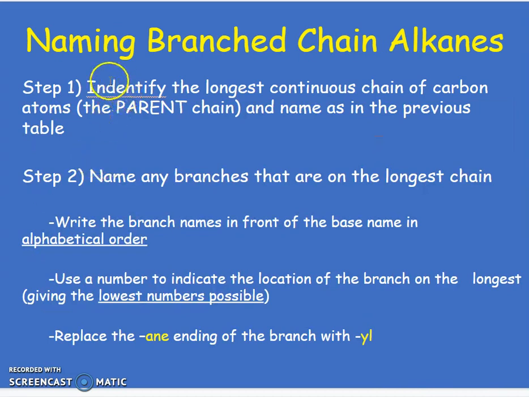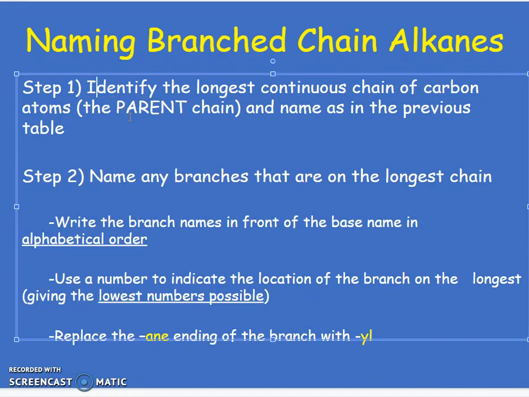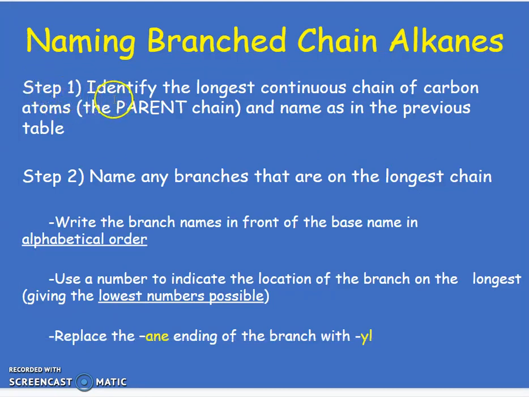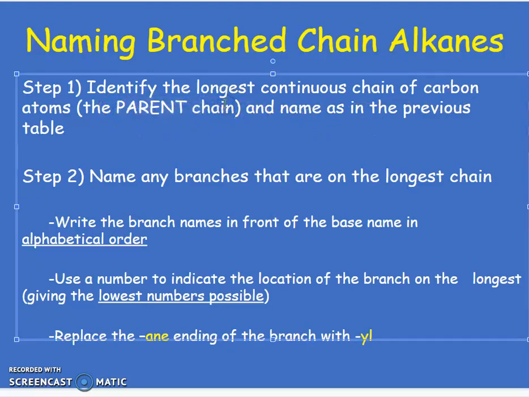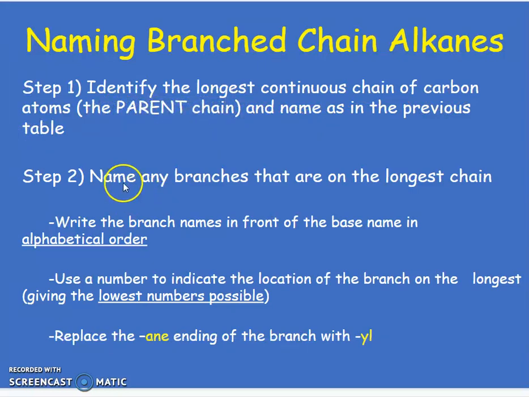Okay, so the first thing you're going to do, oh my goodness, I have a typo. Sorry about that. So the first thing you're going to do when you get a diagram or a structure is identify the longest continuous chain. That's the parent chain. I've already mentioned that. You're then going to look to see what branches you have, and we're going to name the branches with the yl ending.